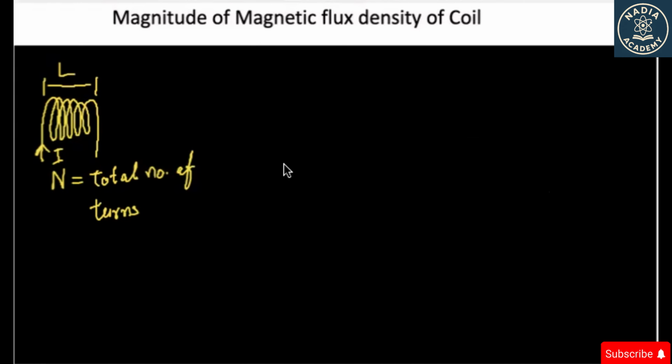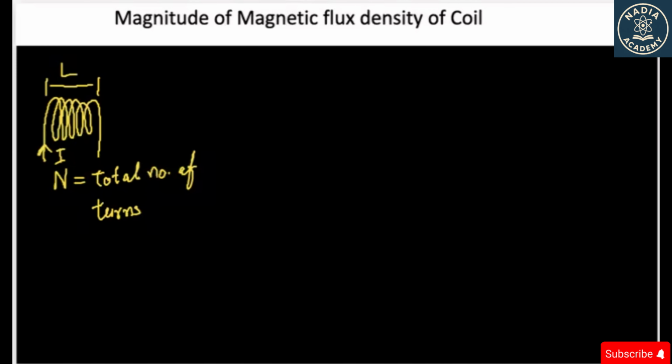To calculate the power dissipation by this coil, we need to use the power formula, which is P equals I squared R. Here, I is the current that we are giving to the coil, and R is the resistance of this coil.